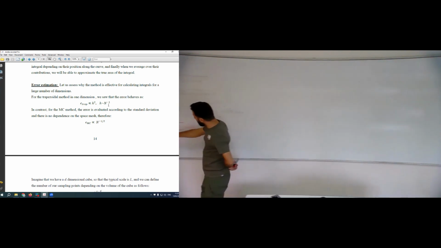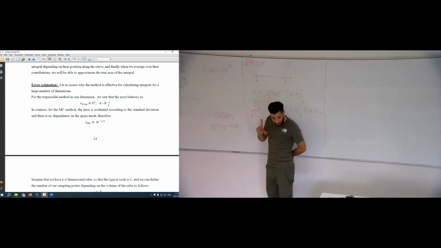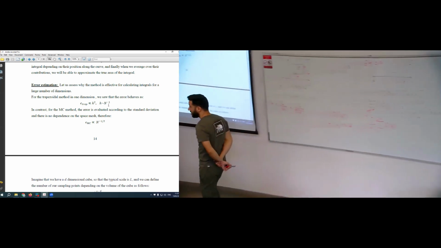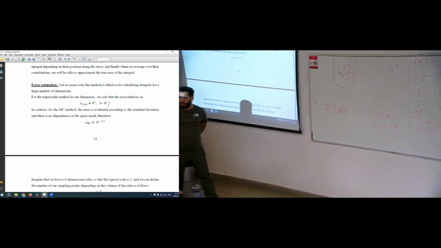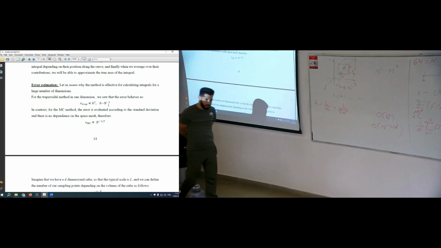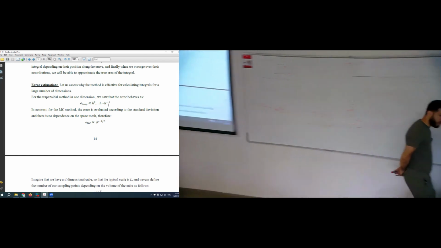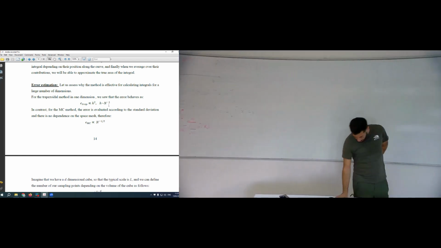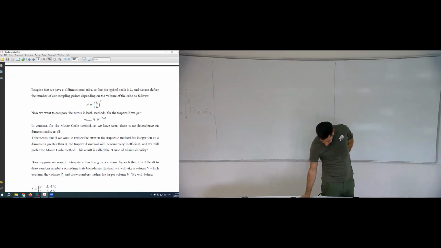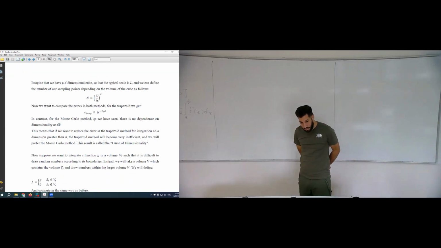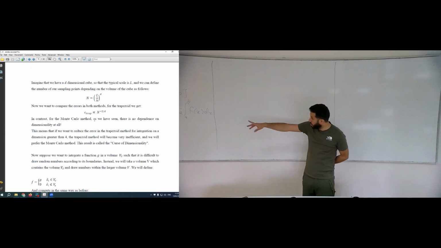Now, if d is 4, the square root is like this. And if d is 6, for example, which is better? The square root. Okay. So this is also called the curse of dimensionality. But if the dimension is low, for example one, then we will not use Monte Carlo for that.